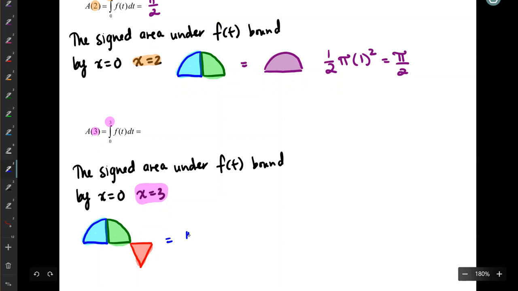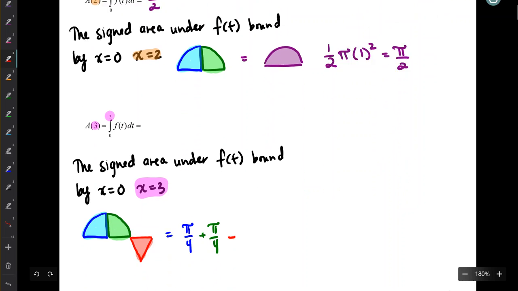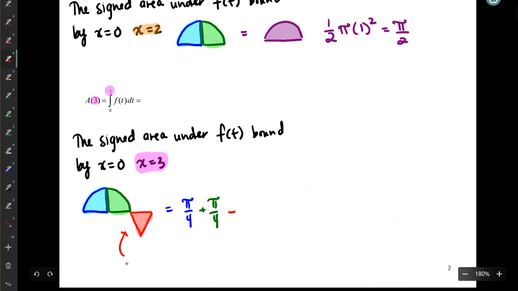This is that quarter pi plus another quarter pi, and then minus whatever this is. That's the area of a triangle. The base is 1. The height is 1. 1/2 base times height. That's 1/2. The area of this triangle is negative because we're below the x-axis, which is just minus 1/2.